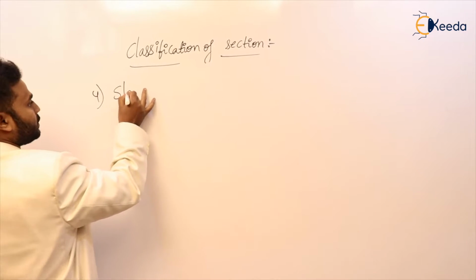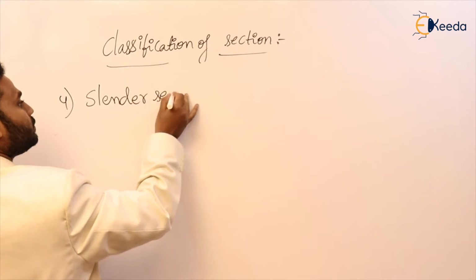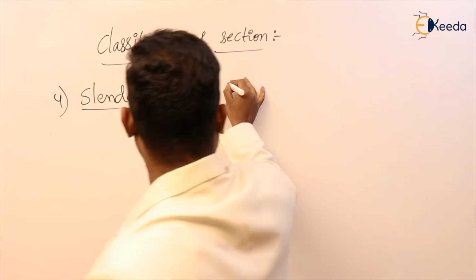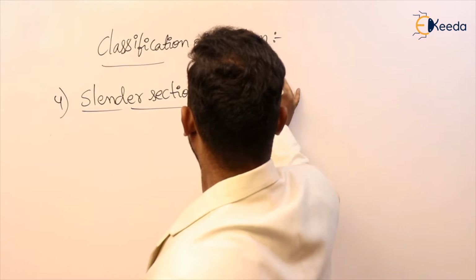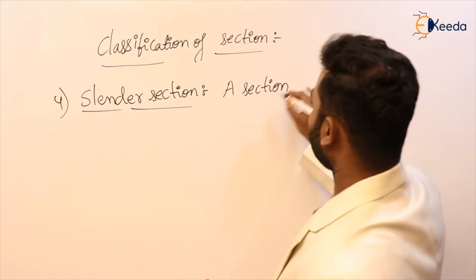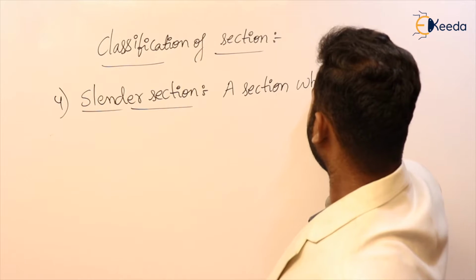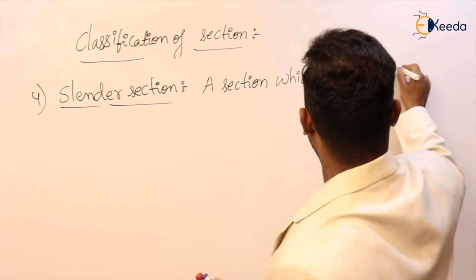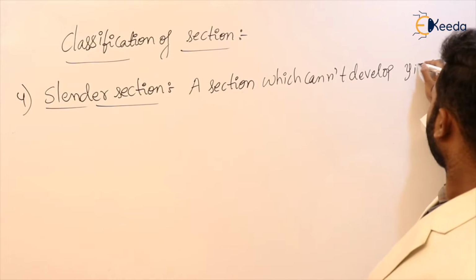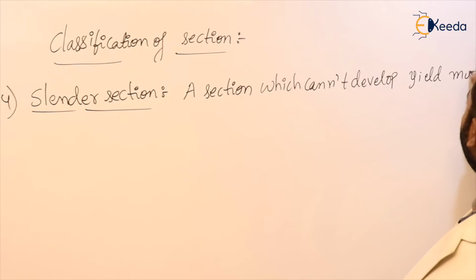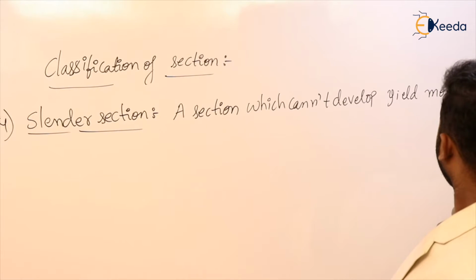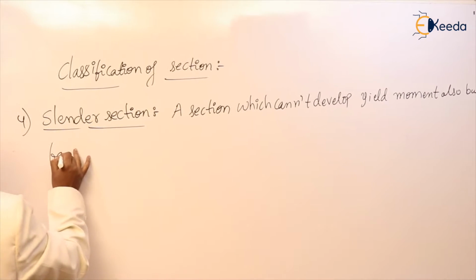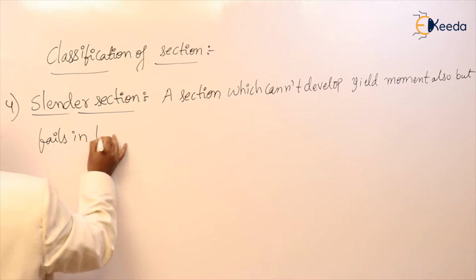The fourth classification: a section which cannot develop yield moment also, but fails in local buckling.